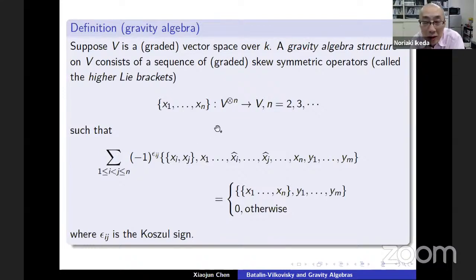Don't worry. Deformation quantization is interpreted as an infinity morphism. Also, can your theory be interpreted as such an infinity morphism?